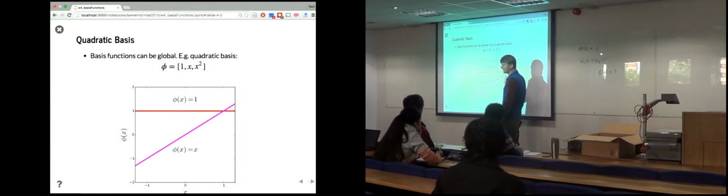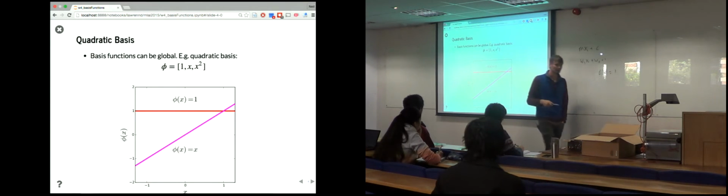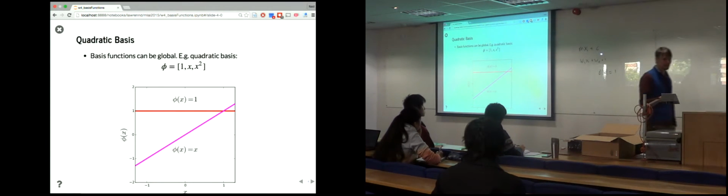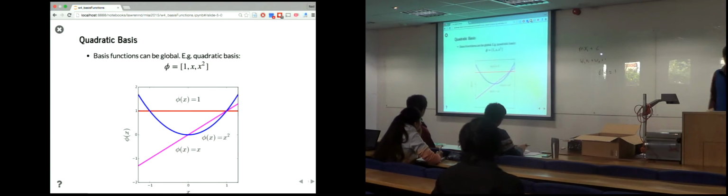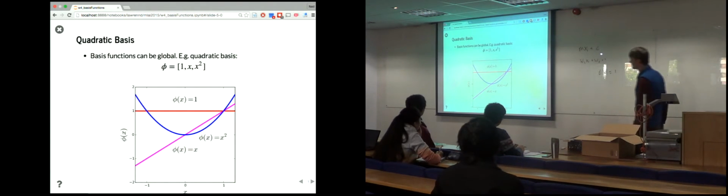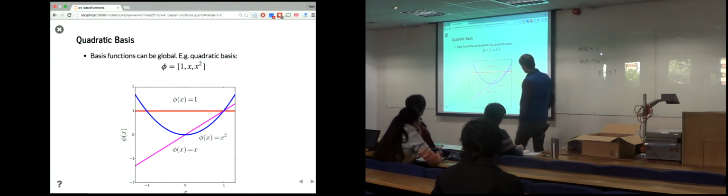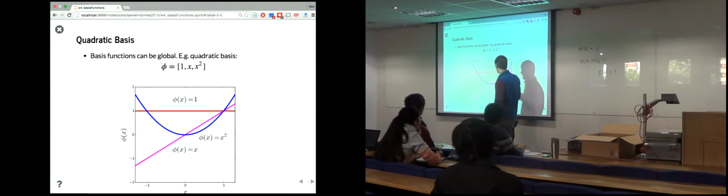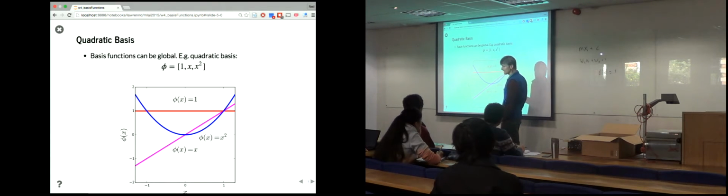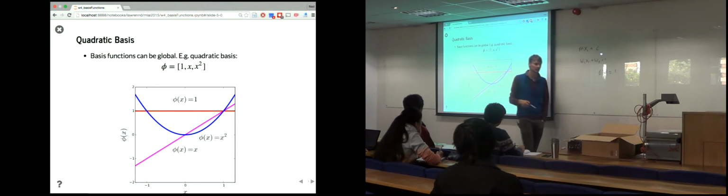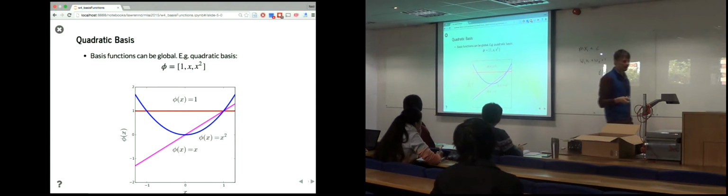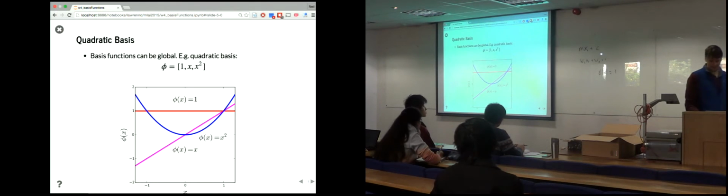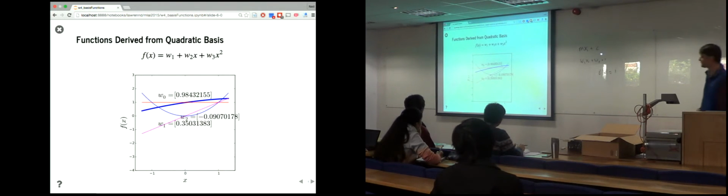So we've been adding a constant times some weighting to a linear term times some weighting. If we go quadratic, then we just add the next order. The quadratic basis function is phi of x equals x squared. So now we can add 3 of these together to form different functions. It's nice and simple.